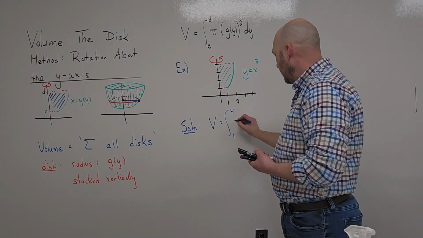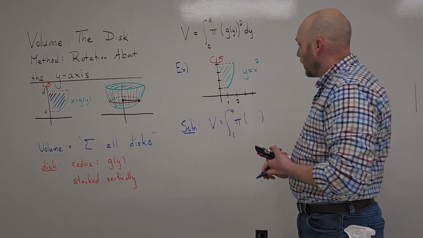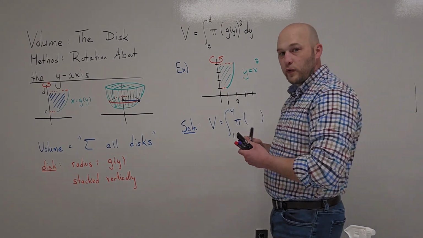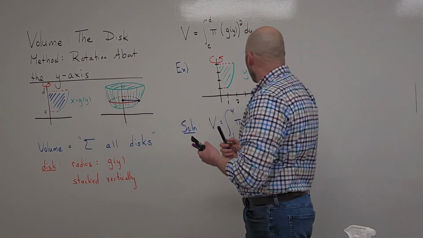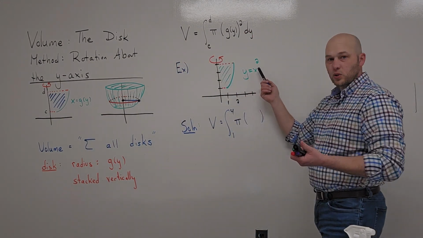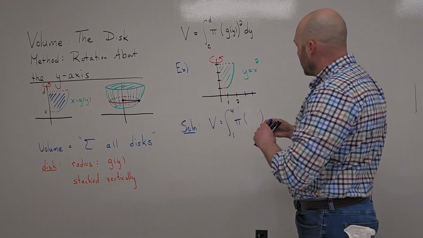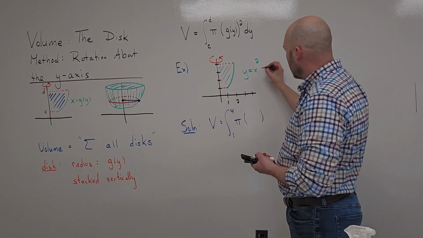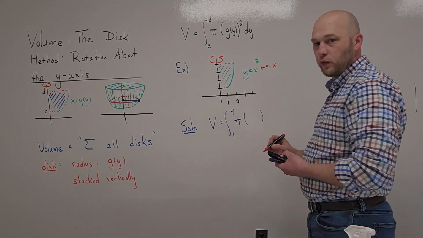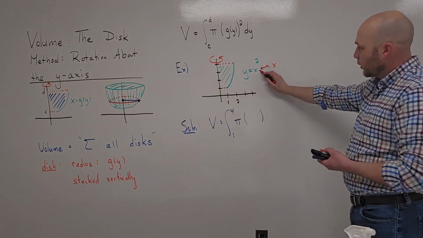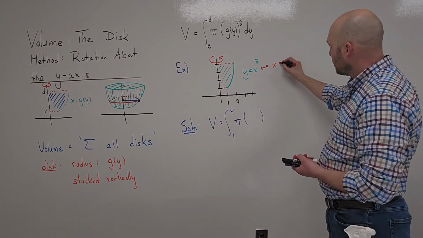And then it's pi times, well, look over here in our diagram, we've got this curve written in the form x equals g of y. Over here, I've got it written in terms of y equals x squared. So I have to take this equation right here and write it in an equivalent form where I have x solved for. So of course, in this case, all I have to do is take the square root.